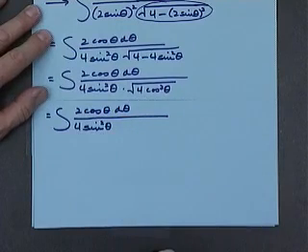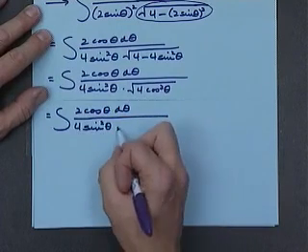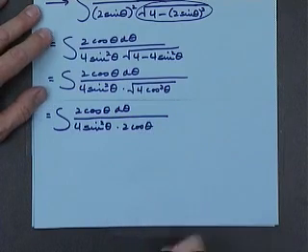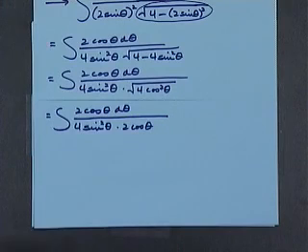And what's the square root of 4 cosine squared? 2 cosine theta. All right, so that's what's supposed to make this a doable problem.